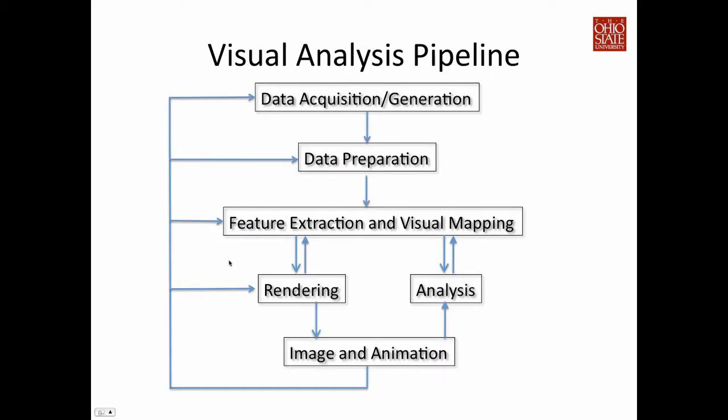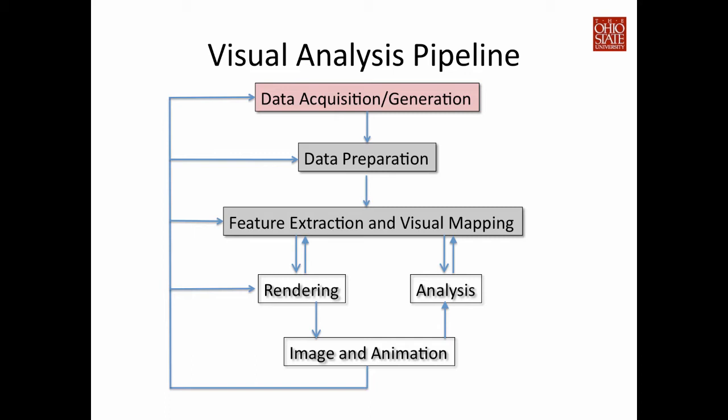So now let's look at a typical visualization pipeline. Starting from data acquisition or generation, we need to go through a sequence of steps. For example, we might need to prepare the data in case the data needs to be resampled or denoised. Then before we can generate any useful images, we need to, first of all, extract features that are important to the user.